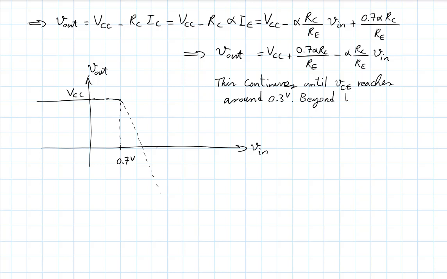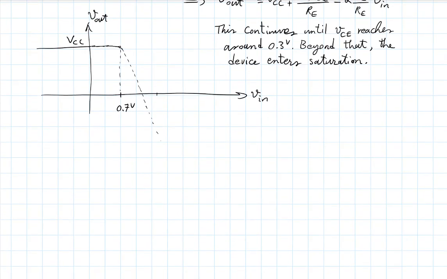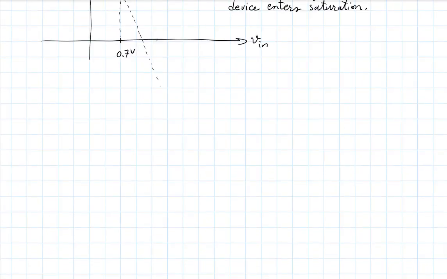Beyond that, the device enters saturation. Okay? So all you have to do is to set VCE equal to 0.3 volts. Let's see if we can find that point out.